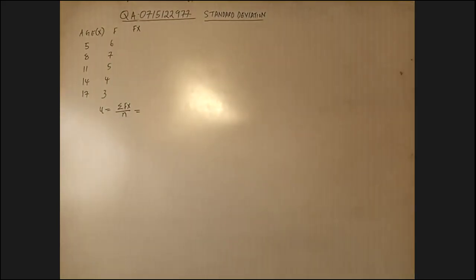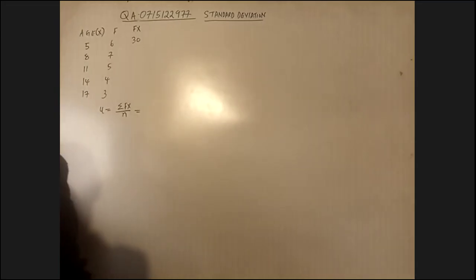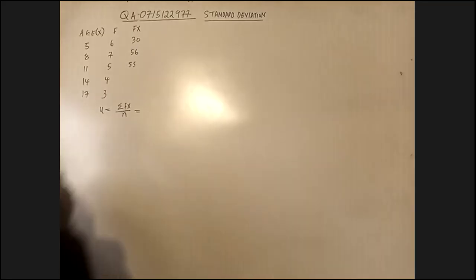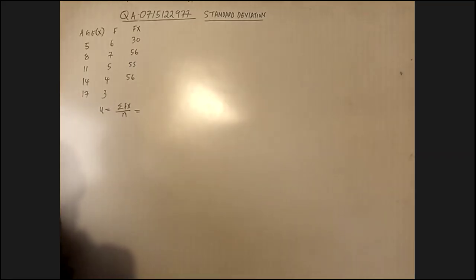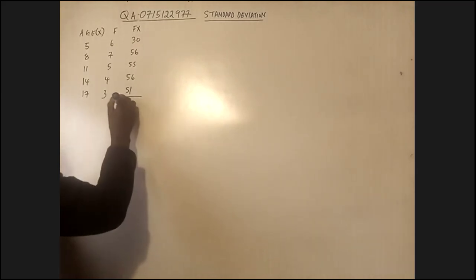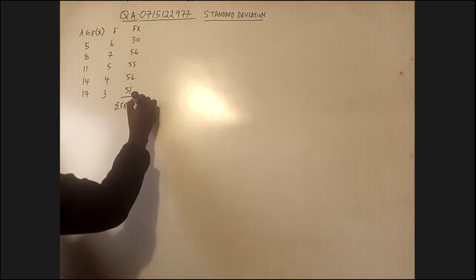Let me take the calculator. 8 times 7 is 56. 11 times 5 is 55. 14 times 4 is 56. 17 times 3 is 51. Then I find the summation of fx: 30 plus 56 plus 55 plus 56 plus 51, which is 248.